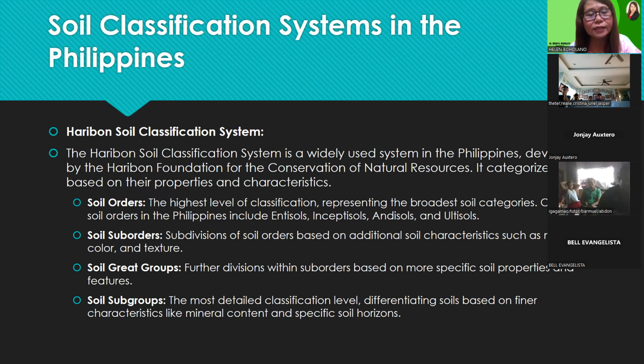It categorizes soil based on their properties like soil orders, which I discussed earlier, the highest level of classification representing the broadest soil categories. So it's common in the Philippines to repeat and reiterate. We have entisols, inceptisols, andisols, and ultisols. So these are common soil orders in the Philippines.